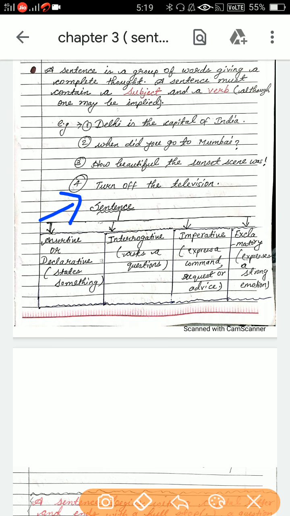The subject here will be you. You turn off the television. This you is implied here. Even if there is no subject, we have to understand that there is a subject. The subject is implied, that is you. You turn off the television.